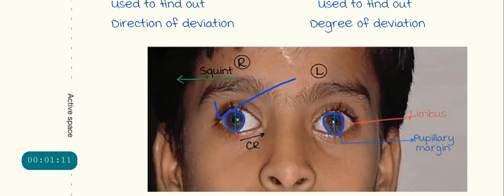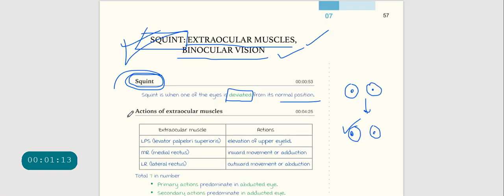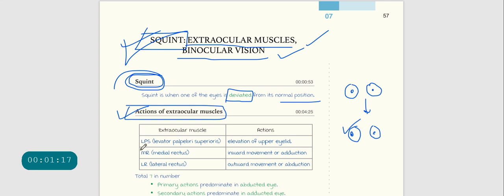Okay, so let us see the actions of extraocular muscles. Many muscles are there in the eyes, so totally there are 7 muscles inside your eyes and these muscles are responsible for the action and the movement of your eyes.